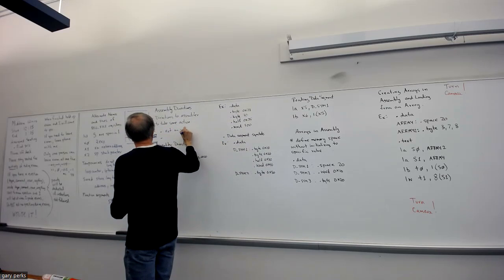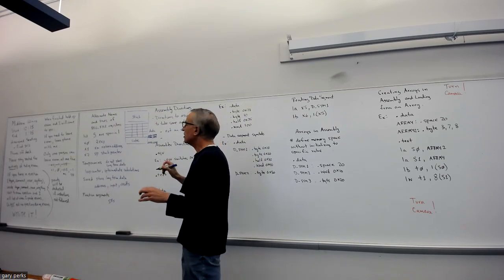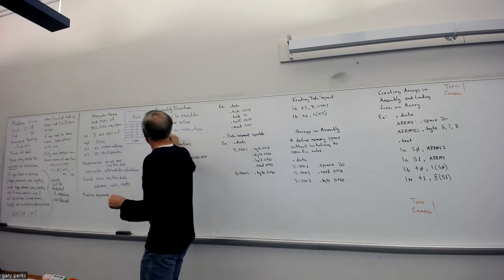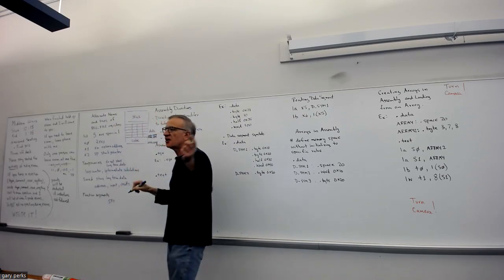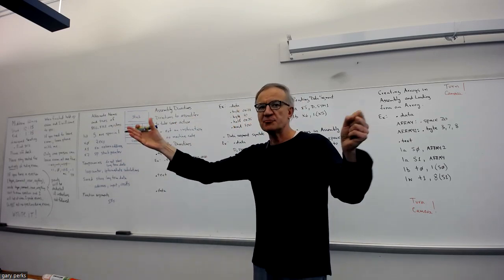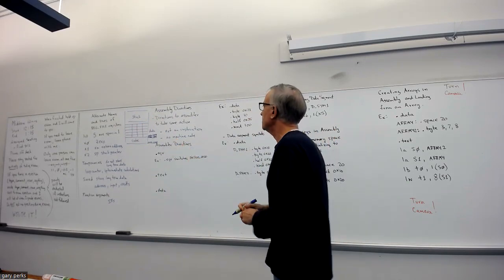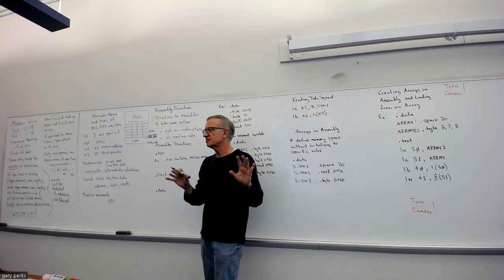It's not like an instruction that's in a program, because there is no machine code for an assembly directive. Remember, every instruction in our ISA, our instruction set architecture, has a 32-bit machine code. But assembly directives do not. They're not like an instruction.